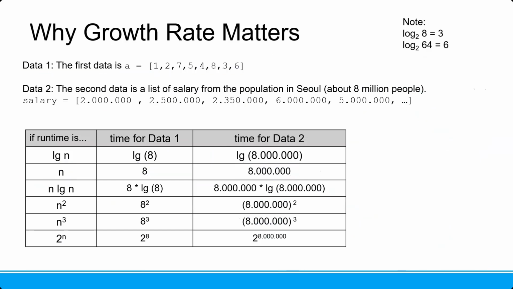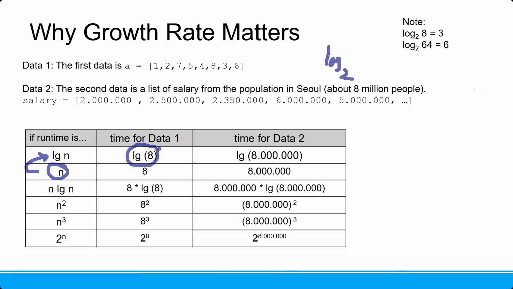Now, if you can make your algorithm faster, it means you find a way to make it log n. If it is log n, what does it mean? Log 8. You still remember what is log 8? In mathematics we use log base 2.